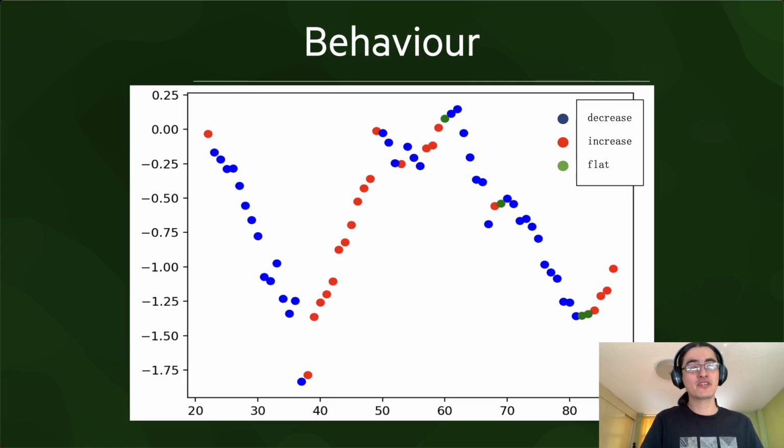Based on this kind of behavior, we can discard certain parts of the data for this kind of research. So we are trying to remove a lot of the noise that exists in this kind of data.